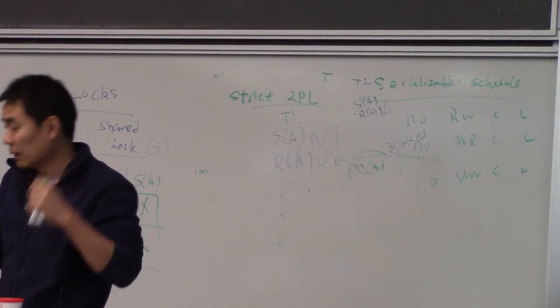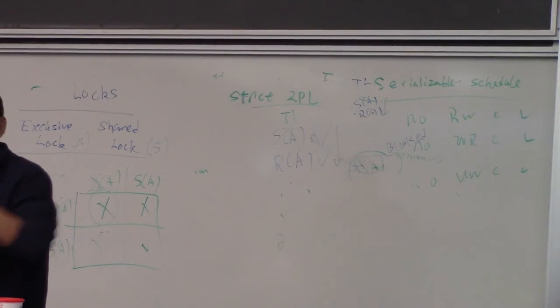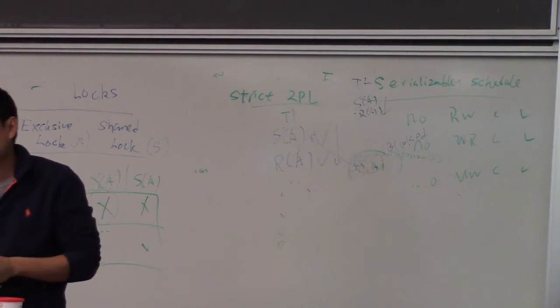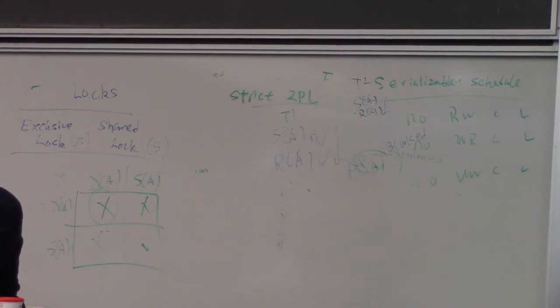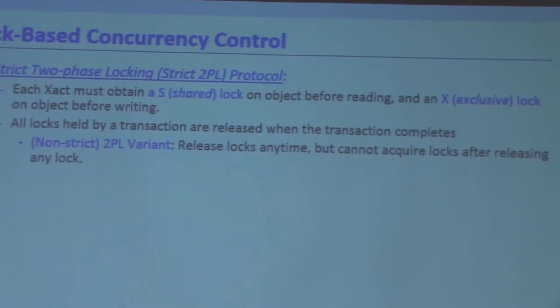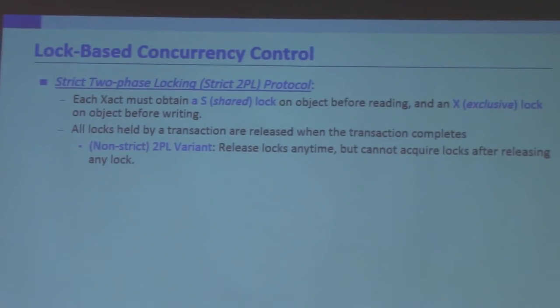That's strict two-phase locking. The non-strict two-phase locking says the following: the way you acquire locks is the same, but the way you release locks is slightly different. What it says is you actually can release locks anytime. You don't have to wait until you commit or abort to release locks. However, this is important: you better know what you're doing.